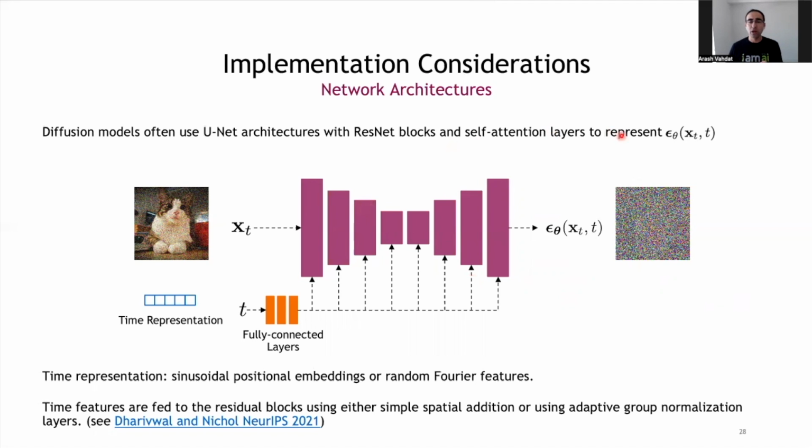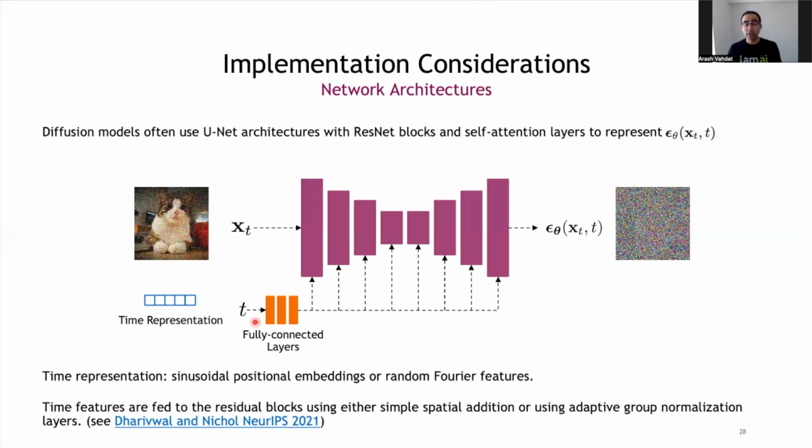And these residual blocks often also have self-attention layers in them, usually in some layers. Remember, this U-Net takes this diffused image, xt, and it predicts the noise that was used in order to generate this diffused image. So this epsilon prediction will be trained to predict the noise that was used to generate this xt.